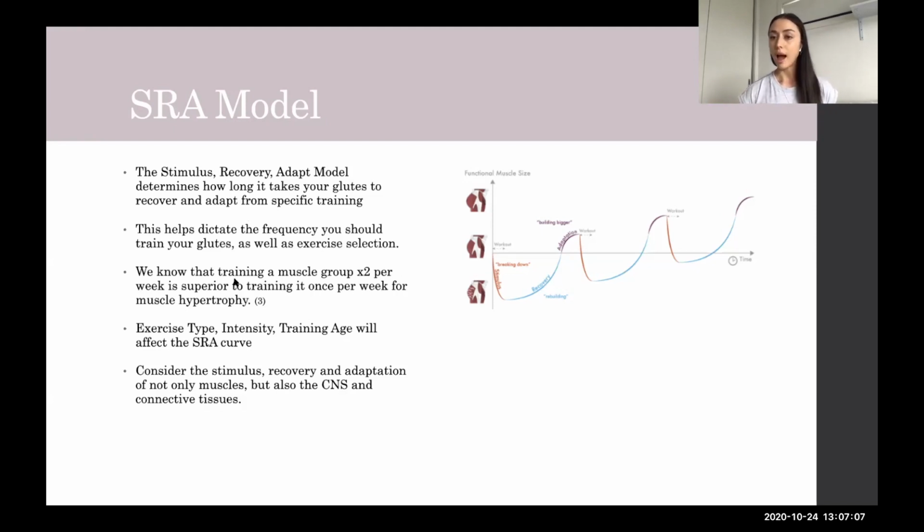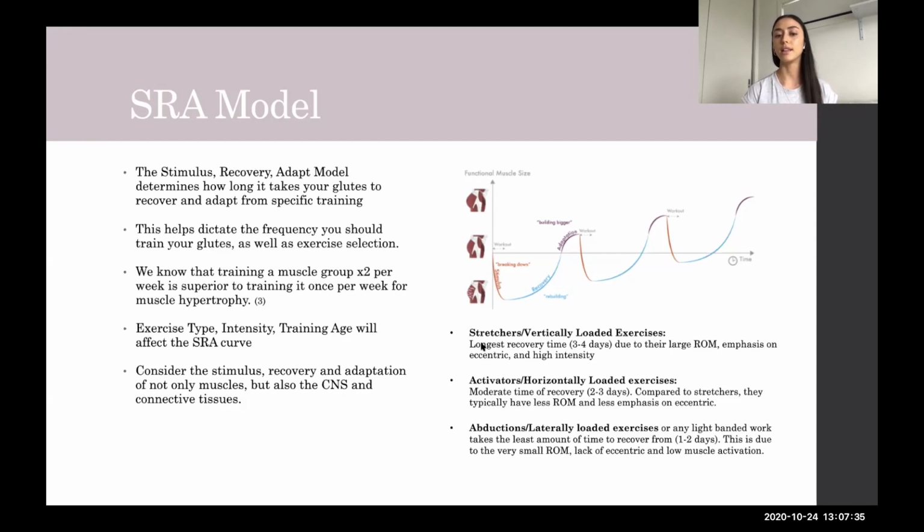So the exercise type, the intensity, and your training age will affect this SRA curve and how you adapt and recover from your exercises. And this also considers not only the recovery and adaptation of your muscles, but also your CNS and your connective tissues. So basically, your stretches and vertically loaded exercises take the longest time to recover from, typically 3 to 4 days.